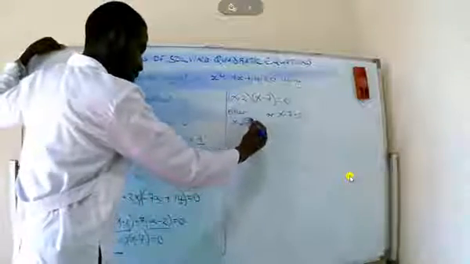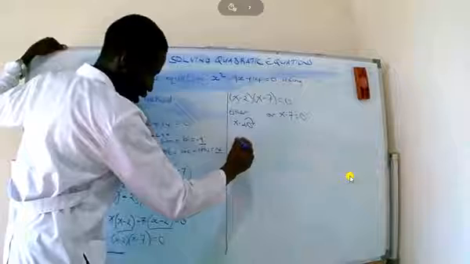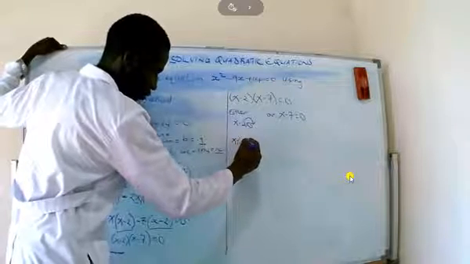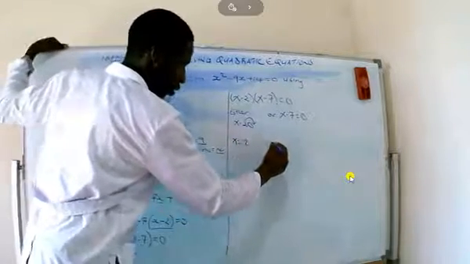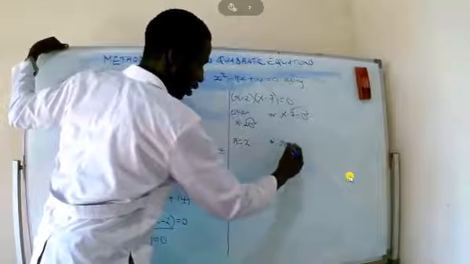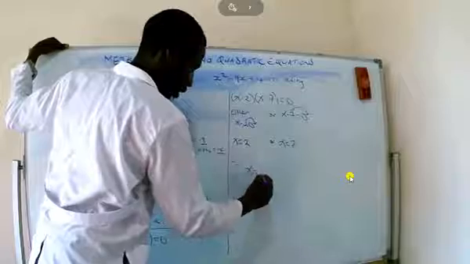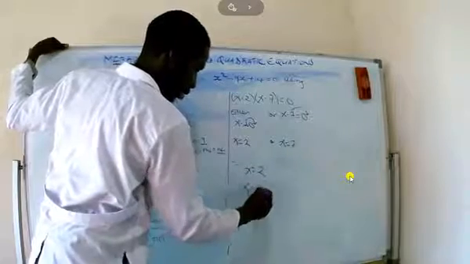So from here, you take the 2 to this side. It is negative, when it crosses to the other side, it becomes positive. So you get x equal to 0 plus 2, which is 2. Or here you take the 7 to this side, so you have x equals 7. Therefore, x is either 2 or x equals 7.